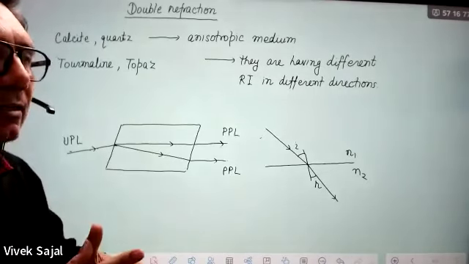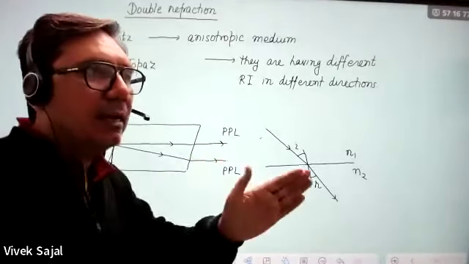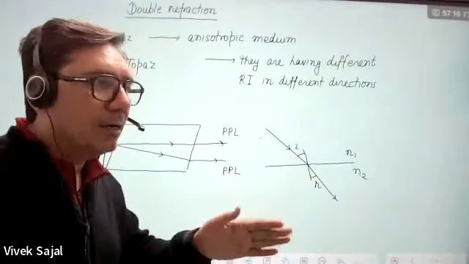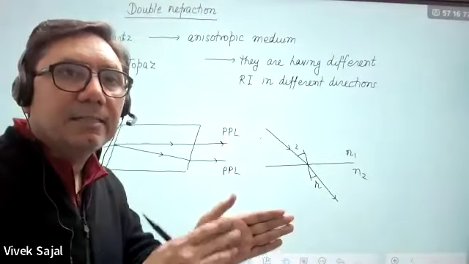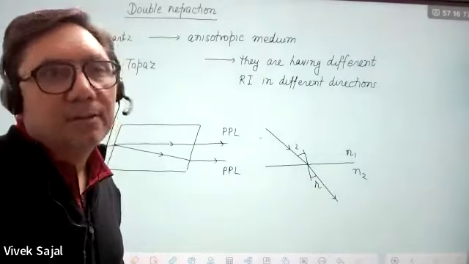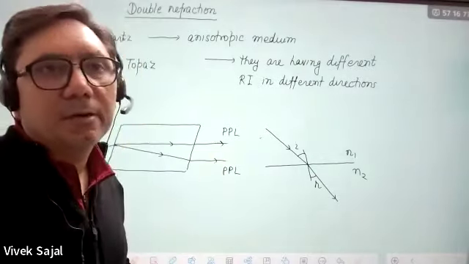So what is double refraction? Double refraction is a phenomenon where, if one incident light is incident on a medium like calcite or quartz, there will be two refracted rays, and both the refracted rays will be plane polarized.